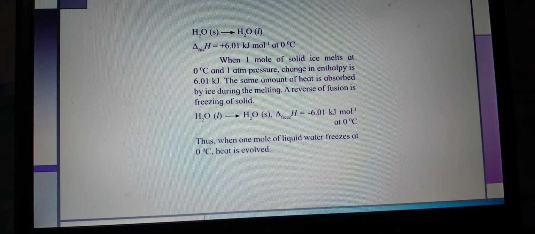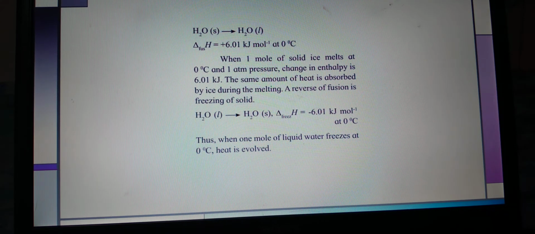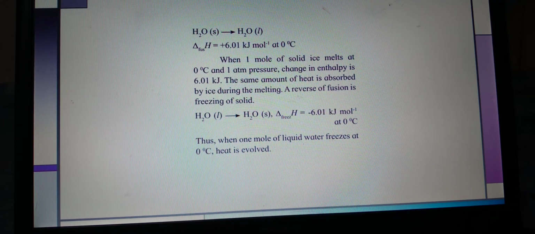Therefore the reaction H2O liquid to H2O solid, delta freeze H, the change in enthalpy, is equal to minus 6.01 kilojoule per mole at 0 degree centigrade. Thus when 1 mole of liquid water freezes at 0 degree centigrade, heat is evolved.